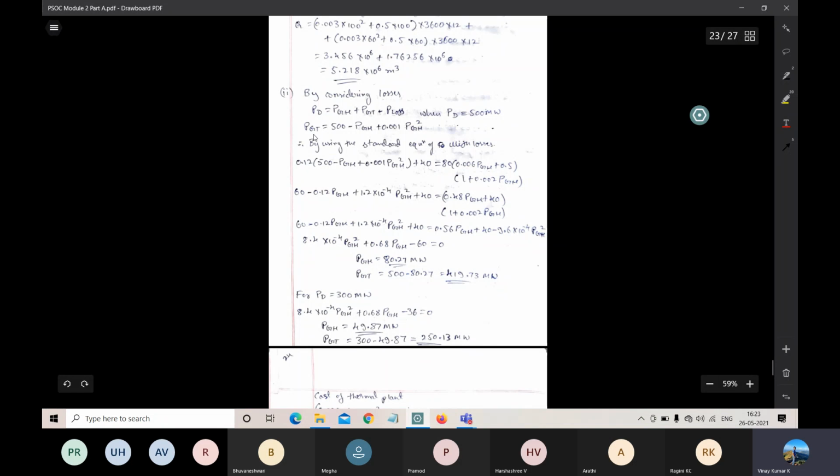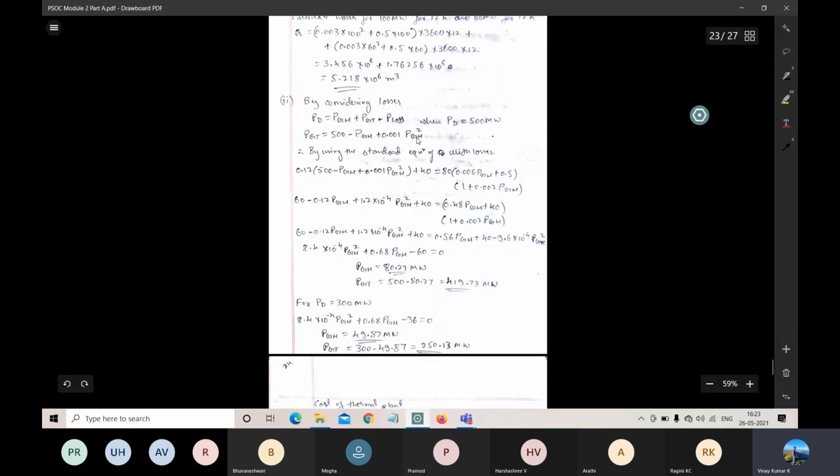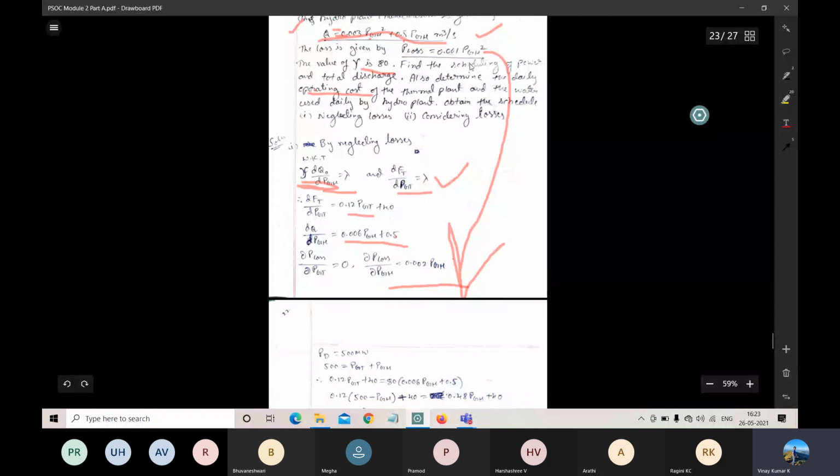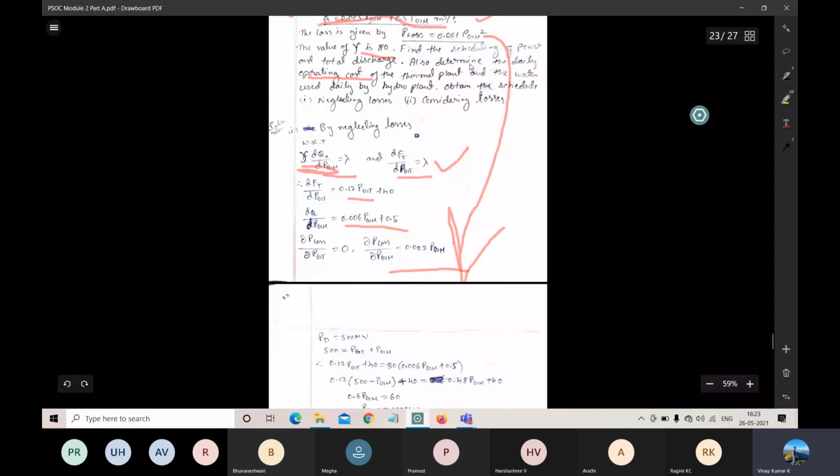So the PGT will be given by 500 minus PGH, and this is the dou P loss. So how did we get this? Look at here. P loss is 0.001 PGH square, as given in the problem. I'm just taking that here.